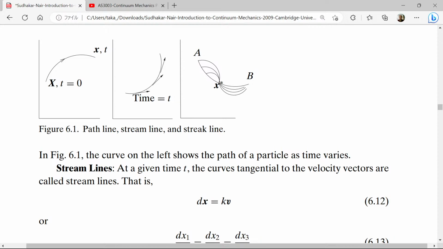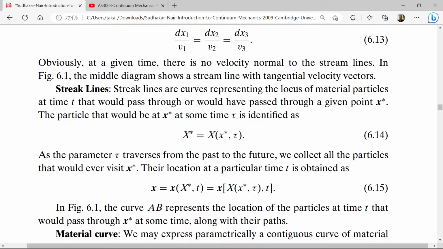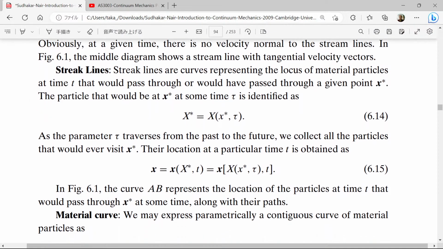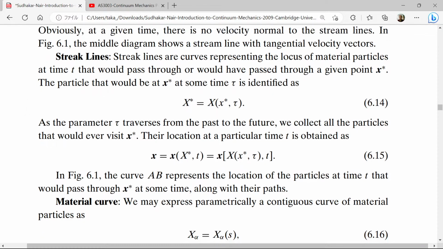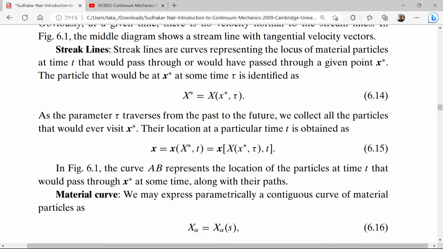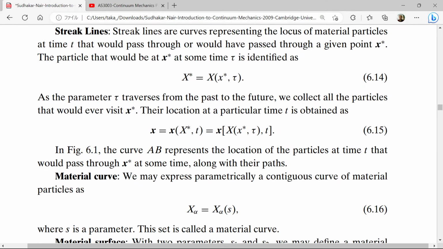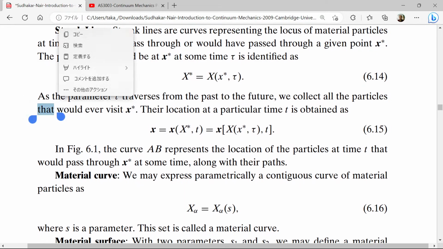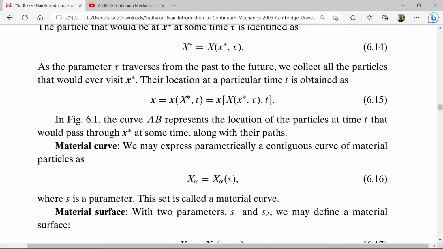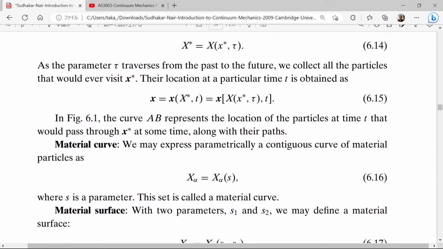Streak line. A streak line is a curve representing the locus of material particles at time t that would pass through, or would have passed through, a given point x star. The parameter tau traverses from the past to the future.